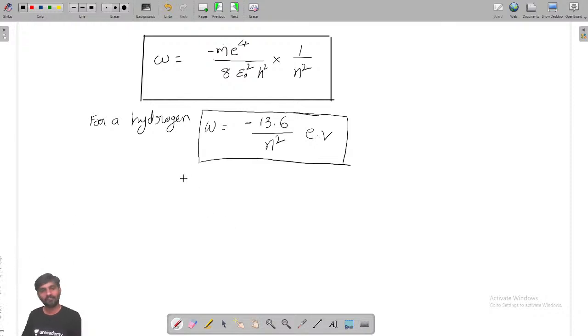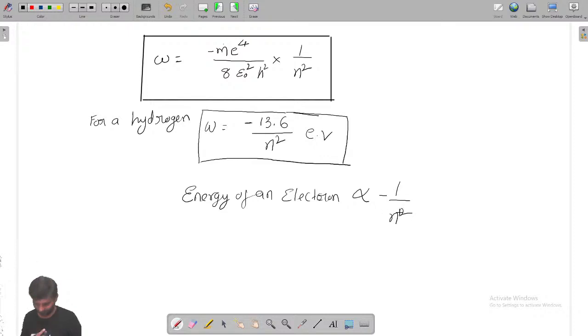So the energy of an electron is inversely proportional to n square. What is that n?